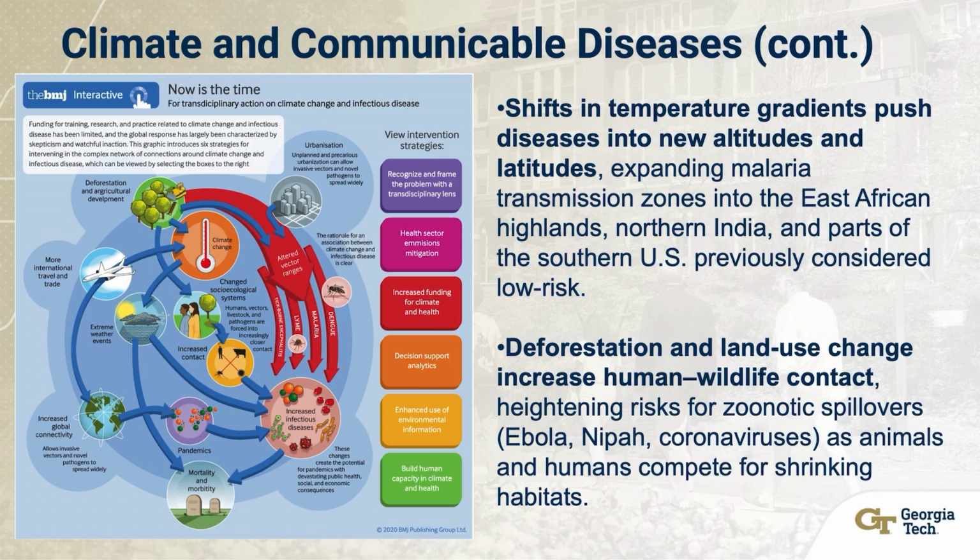So we're going to see an increase in infections, but when climate change is coupled with deforestation or extreme weather events, it ultimately can influence the patterns of how people travel, right?